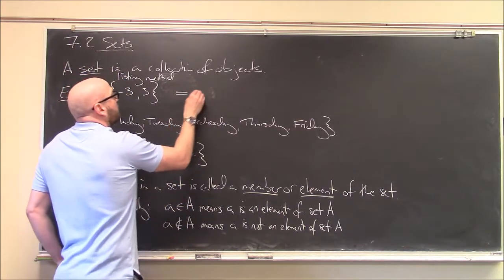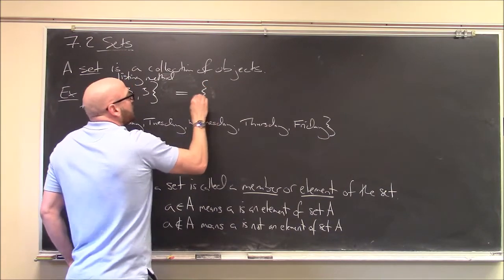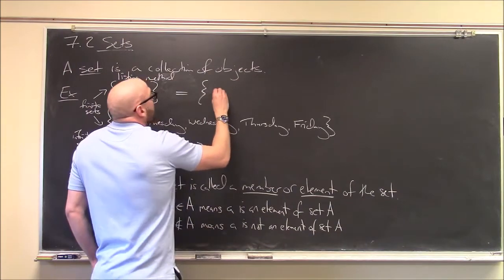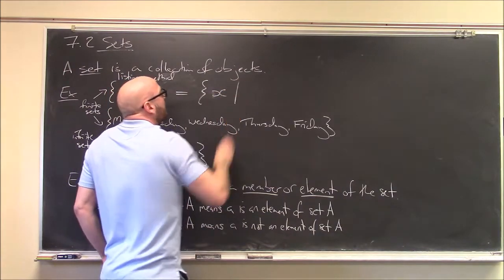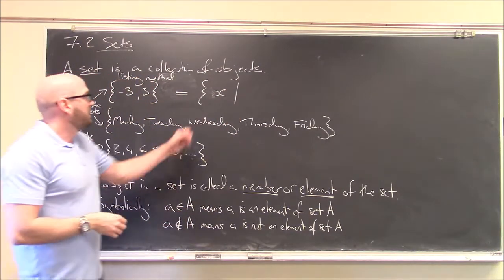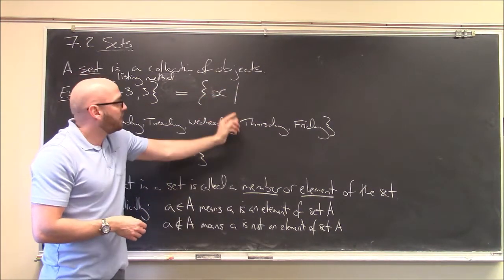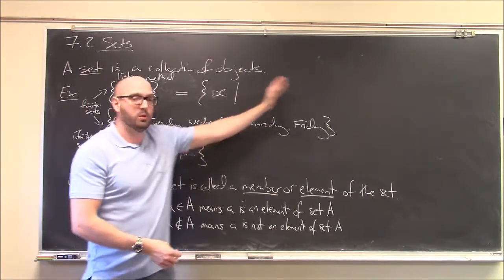So for example, this first set, I'm going to write this in a different way. Once again, I'm going to use my curly bracket notation to indicate everything inside is an element of the set. But here's what you usually do. It'll be the set consisting of all elements x, and then this bar is usually read as "such that." And now I give you a rule.